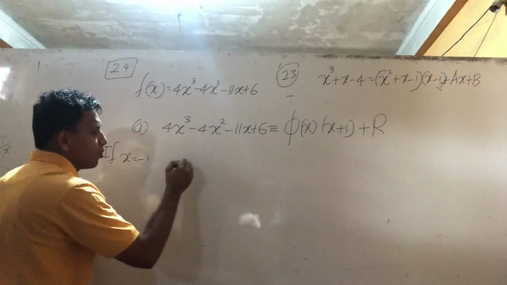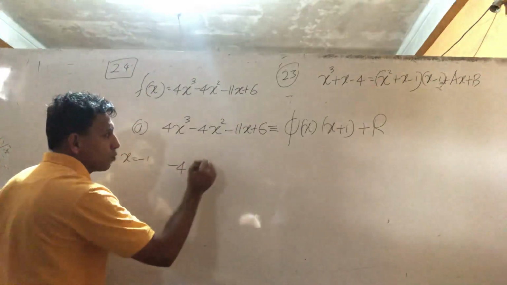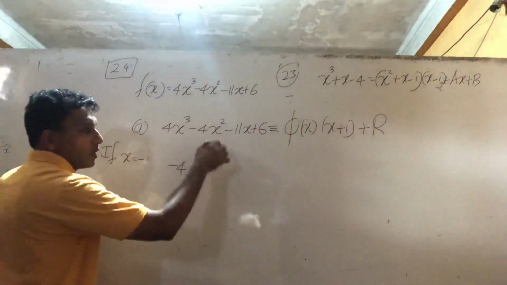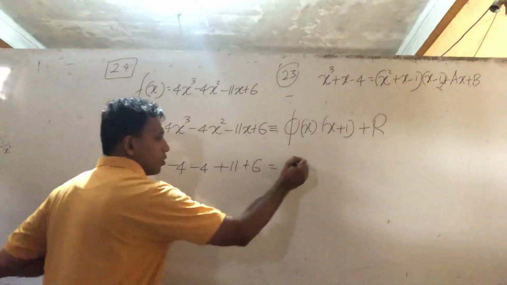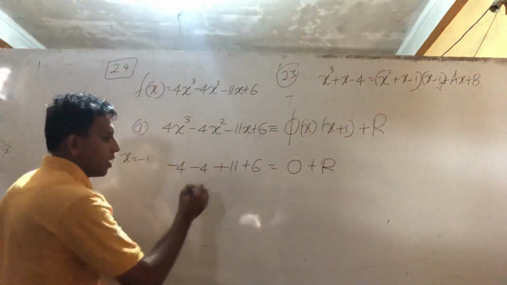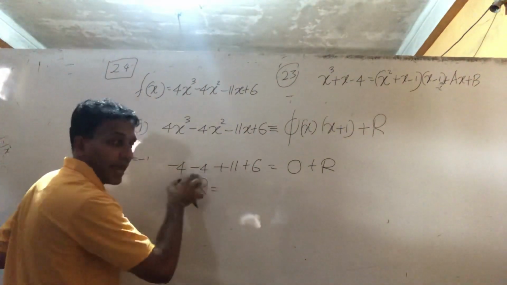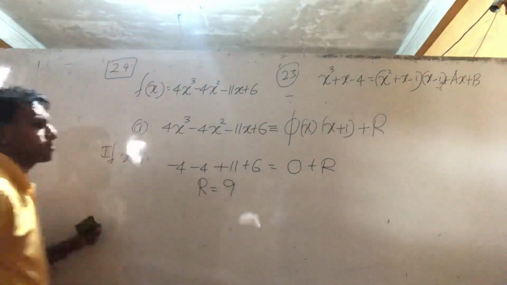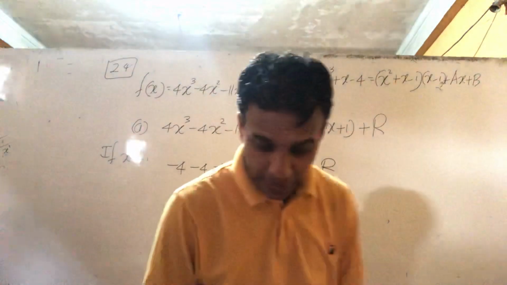Here minus 4 times minus 1 squared gives minus 4, then plus 11 plus 6, equal to 0 plus the remainder R. So what is the R answer? Here 17, here 8, 9. First part: the remainder is 9.